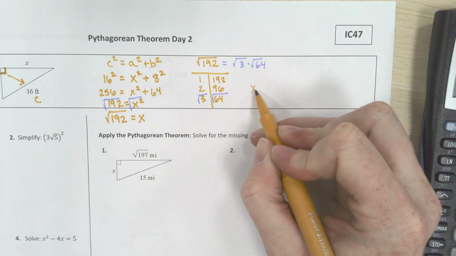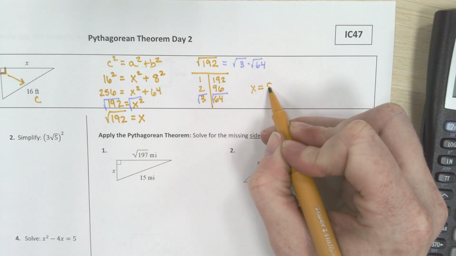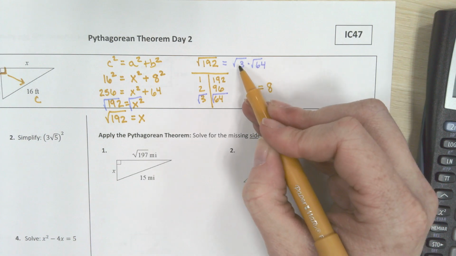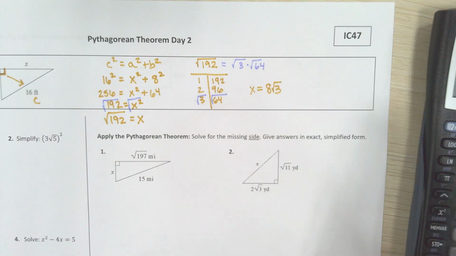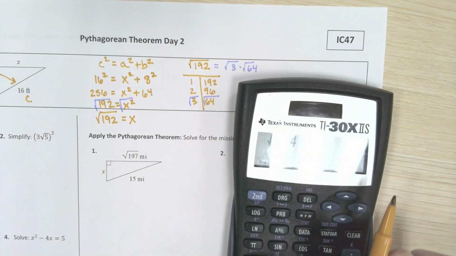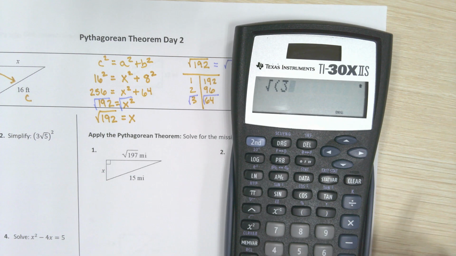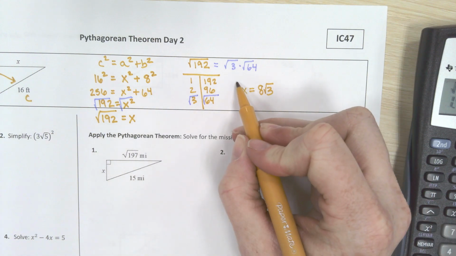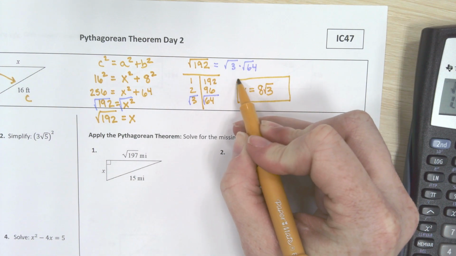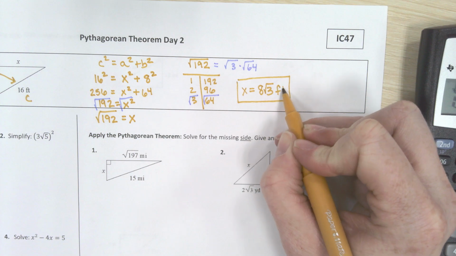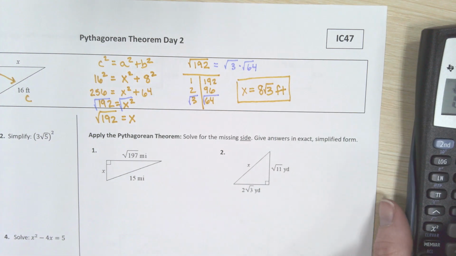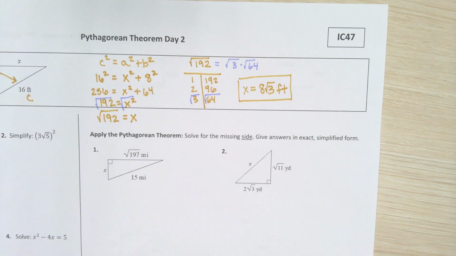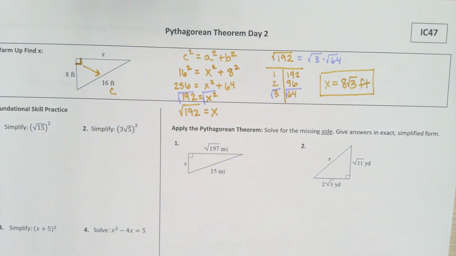Or maybe I just know that root 64 equals 8, so we write that down to take care of root 64. And then root 3 is not going to simplify. But if you want to double check, you can type in square root 3. Sure enough, that doesn't simplify to be an exact value. So we're going to end with an answer of 8 root 3. And I had a hard time in my last video remembering the units, so I'm going to try to do better with that today. Feet for this one.